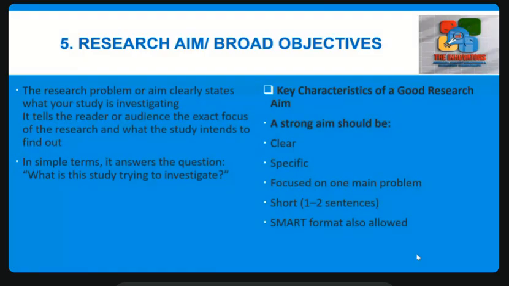A good research aim should be clear, specific, focused on the main problem, and short, with 1 to 2 sentences. SMART format, meaning specific, measurable, attainable, reliable, and time-bound, is sometimes allowed, but it depends on the journal guidance or instructions.